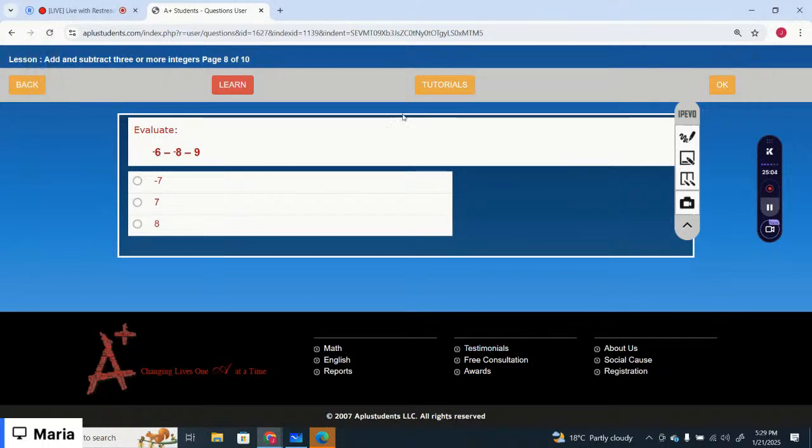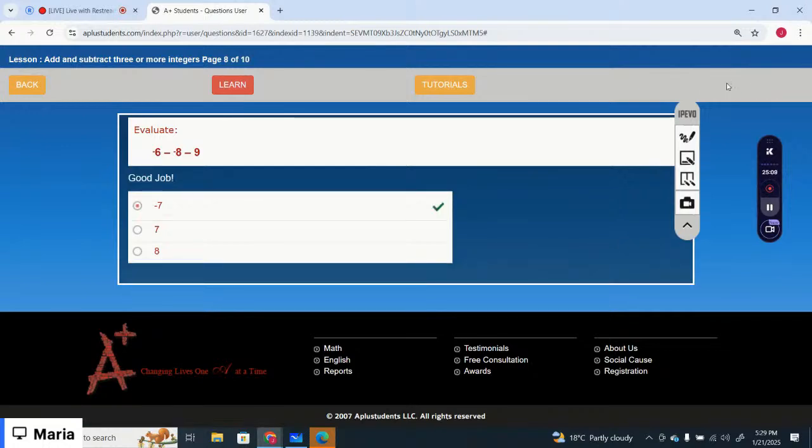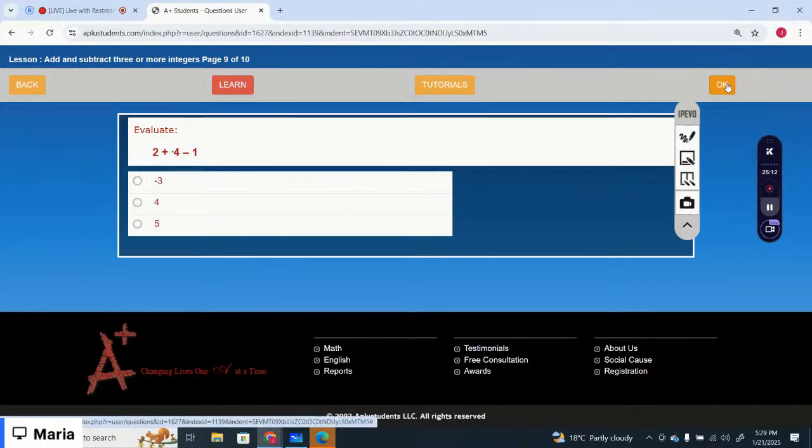Option number 1 is the correct option. 2 plus negative 4 minus 1.